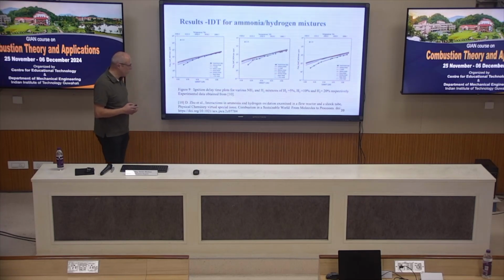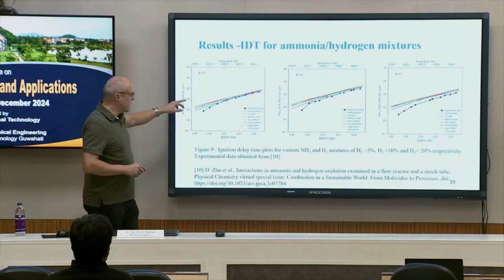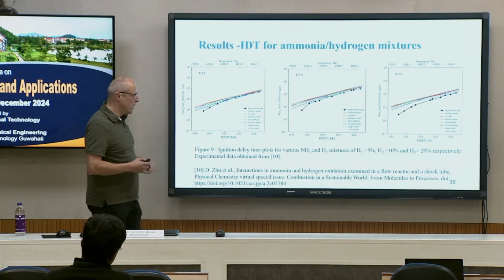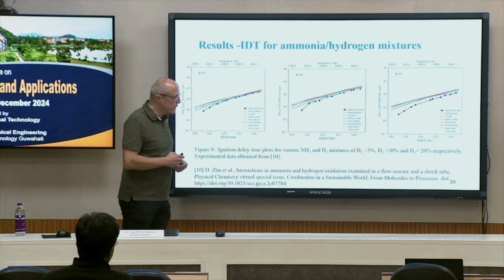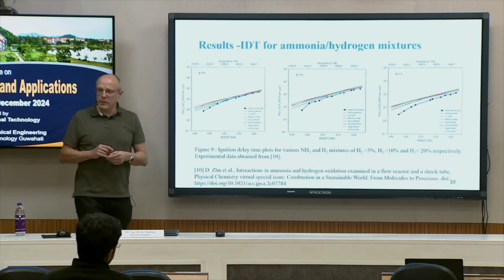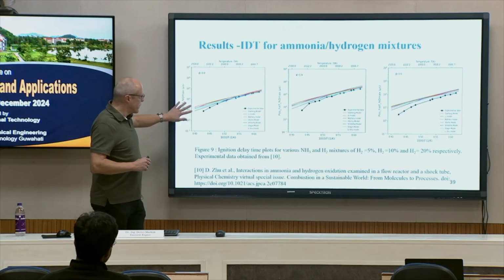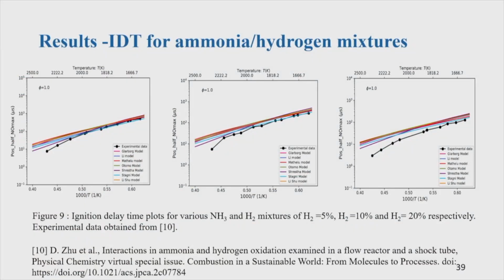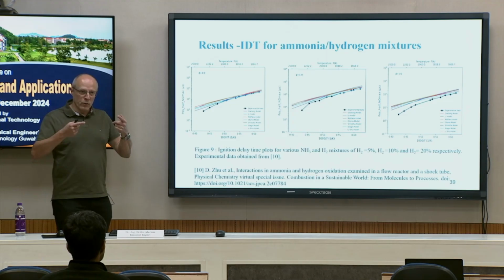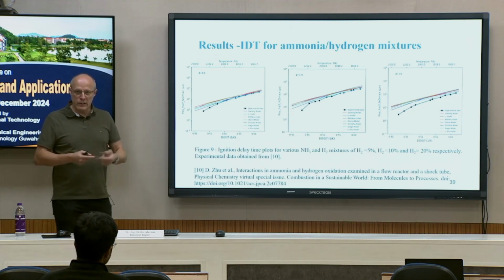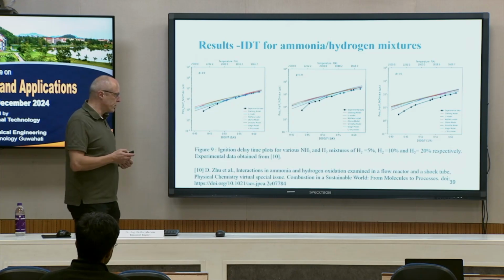And I just plot them here directly. Again, here we have different mechanisms, and here it looks much better when we compare them. Here you see the ignition delay time as a function of temperature for 5% of hydrogen, 10% of hydrogen, 20% of hydrogen. And what you can see, and this is what we would expect, if you increase the amount of hydrogen, the ignition delay time reduces.